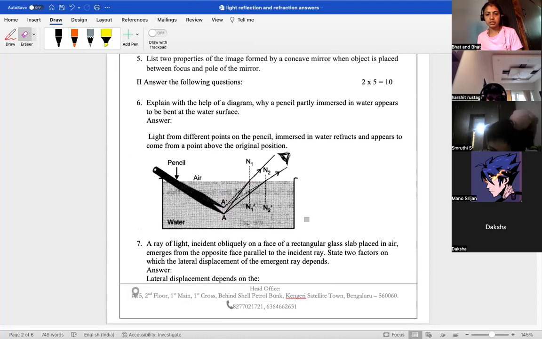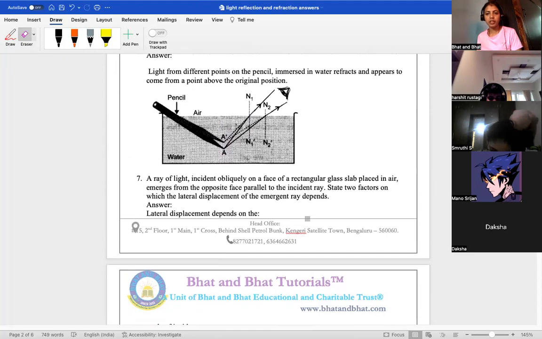Then the next question is, a ray of light incident obliquely on a face of a rectangular glass slab placed in air emerges from the opposite face parallel to the incident ray. State two factors on which the lateral displacement of the emergent ray depends.